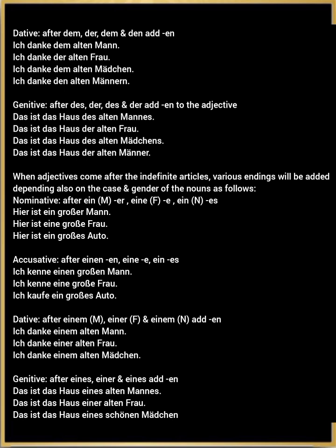So those are the endings that we tend to add in nominative, accusative, dative, and genitive. So let's now see about the indefinite articles. When adjectives come after the indefinite articles, I refer to the a and an, the ein, eine, einen, einem, those ones.